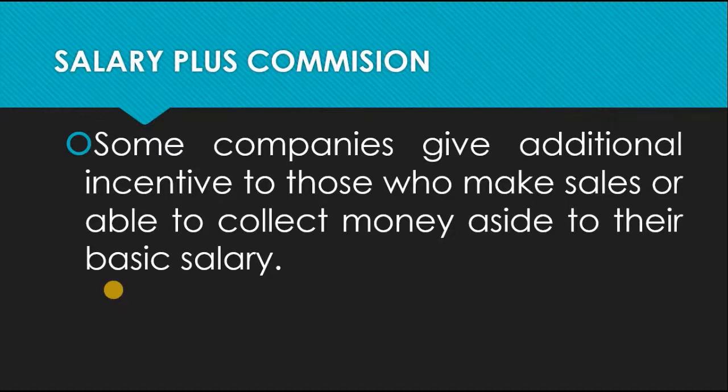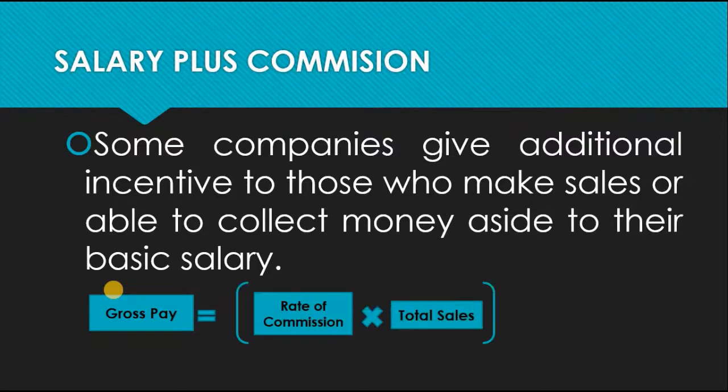In short, we have a fixed amount here, which is the salary, and the varying amount of commission that an employee receives at the end of each salary period. How does salary plus commission work? The gross pay is equal to the rate of commission multiplied by the total sales, and that is the commission itself.